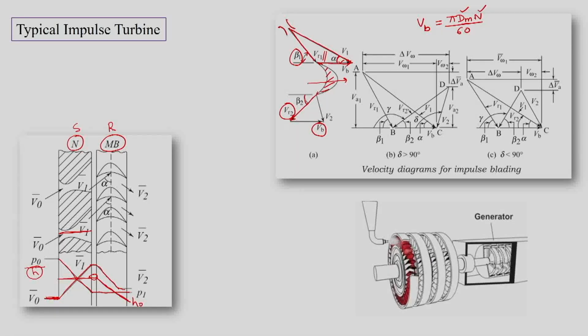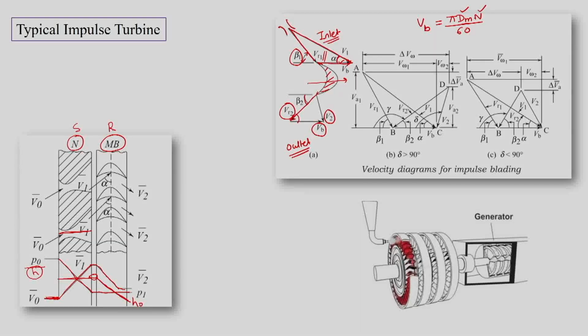So we will draw the same Vb, and beta 2 is the angle made by VR2 with Vb. Then knowing these two velocities, we can find the resultant, which is the absolute velocity V2 at the exit of the blade. So this is the inlet velocity triangle and this is the outlet velocity triangle.